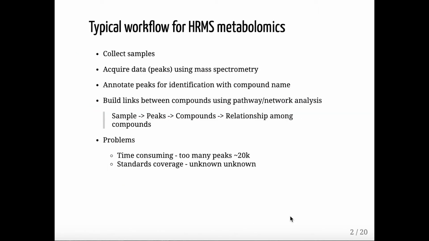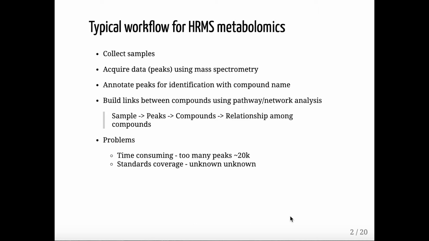So let's first review a typical workflow for high-resolution mass spectrometry metabolomics. At the very beginning, we collect samples, do sample prep treatment, and then acquire data using mass spectrometry. After we get the peak list of features, we annotate those for identification with the compound's name.